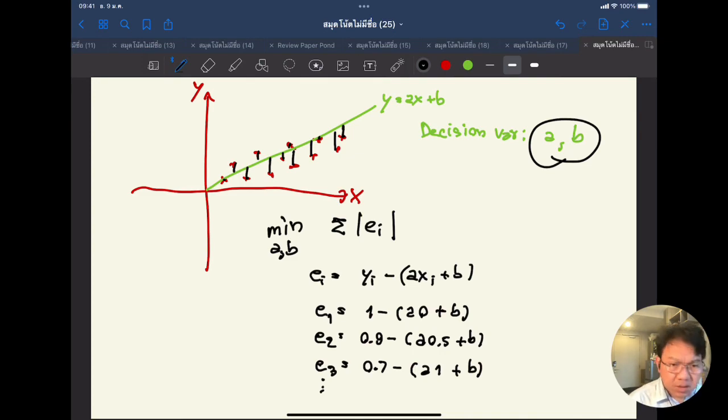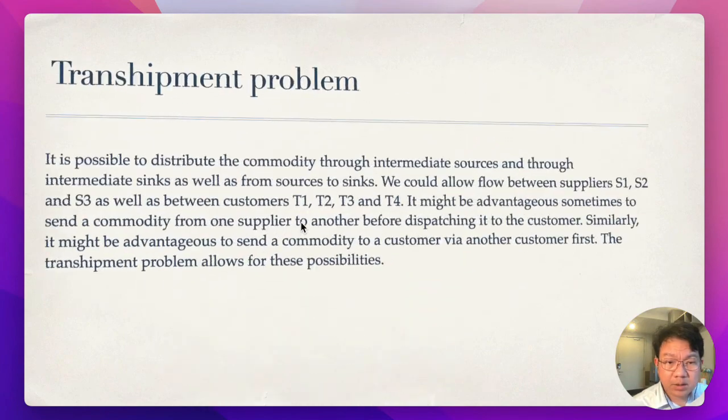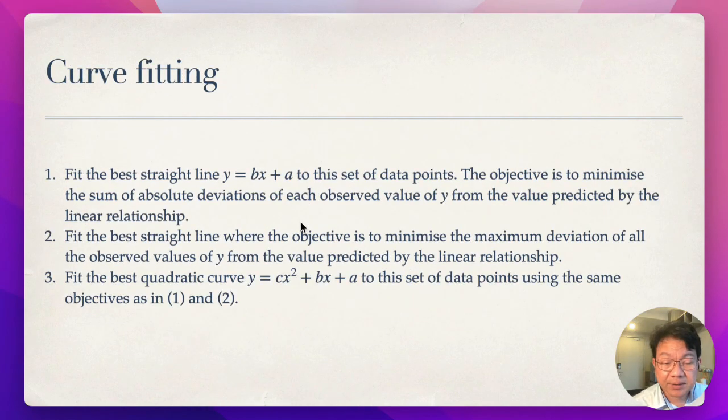Okay. So for the next question, we want to fit the best straight line where the objective is to minimize the maximum deviation of all the observed values of y from the value predicted by the linear relationship. Of course, our hypothesis is that the relationship between y and x would be linear, right? But for the second problem, we don't want to minimize the absolute deviation.